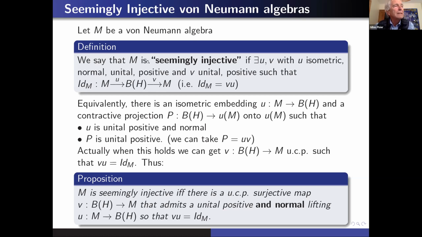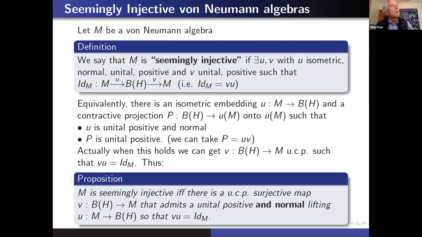And so by Sakai's theorem, we get that the image UM of U is a weak star closed subspace of B of H. Now, the big difference with the usual theory of injectivity is that here we are doing a linear isometric normal embedding. UM is a weak star closed subspace of B of H, not a subalgebra.